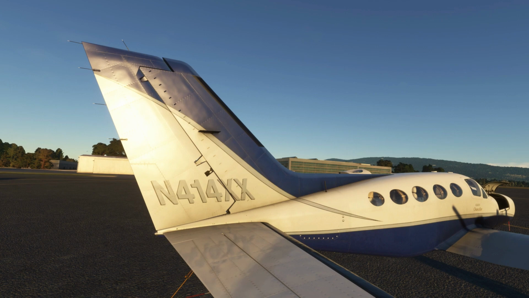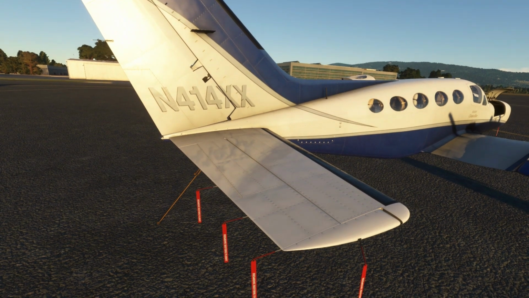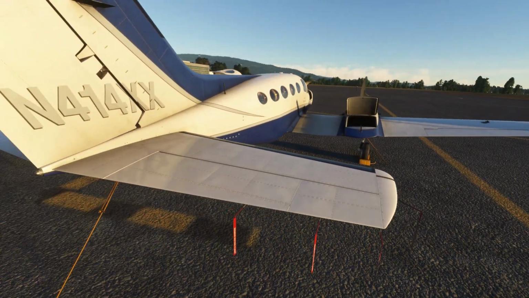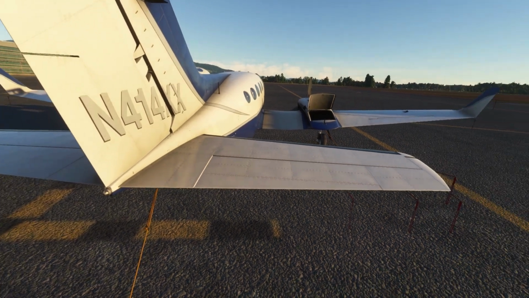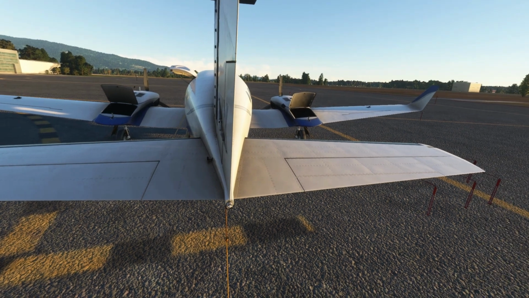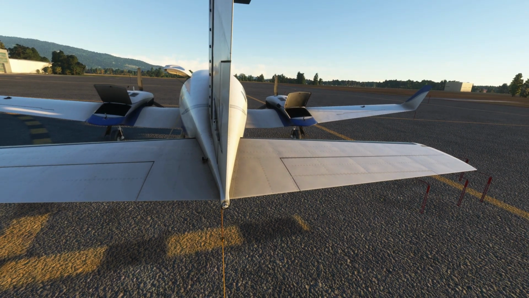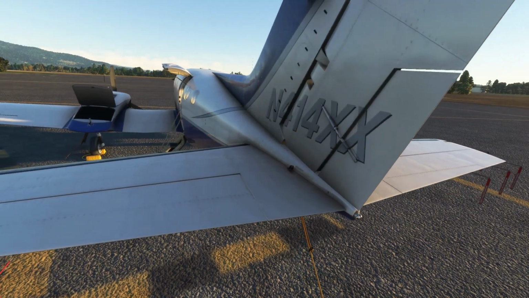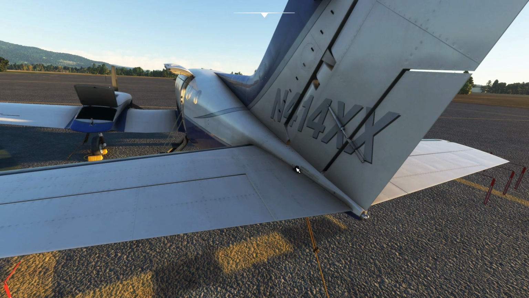This looks okay. The electrostatic wicks are protected by these caps, I guess. And also you have here the rudder lock.